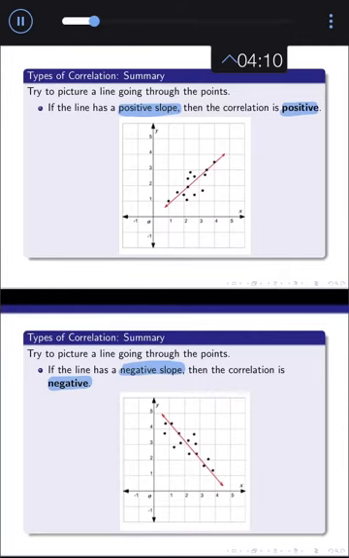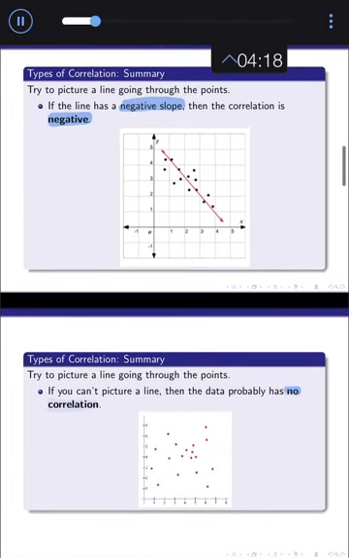And worst case scenario is this last one: if it doesn't look like a line at all, then we're going to say that it has no correlation at all. And that's all we're going to look at in this chapter, is correlation and whether or not our scatter plots look like lines.